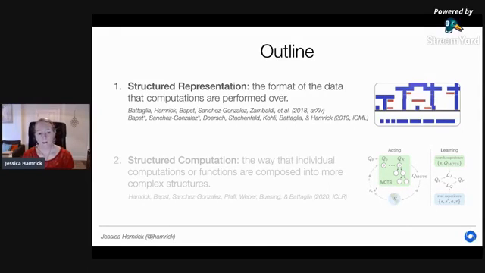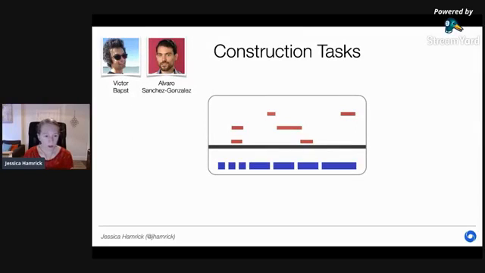So let's start off by talking about incorporating structure into our representations. This is work led by Victor and Alvaro, who are two of my colleagues at DeepMind. And in this project, we were interested in developing agents that were able to solve challenging compositional tasks like stacking blocks to achieve a goal.